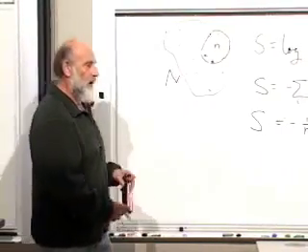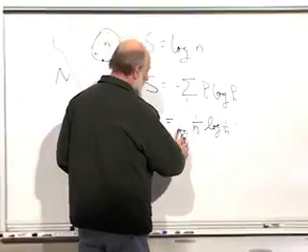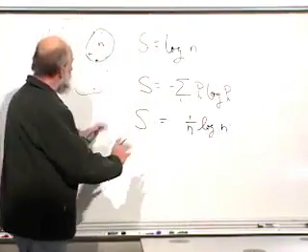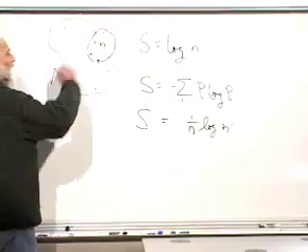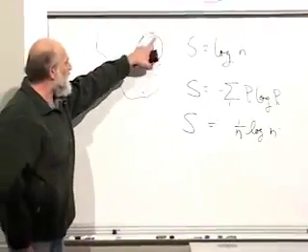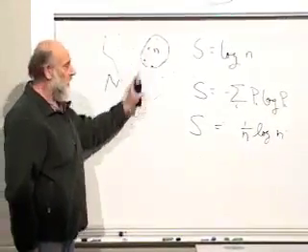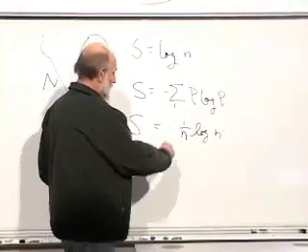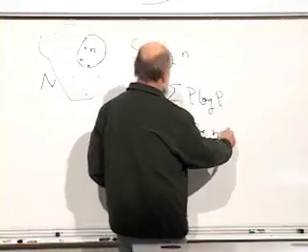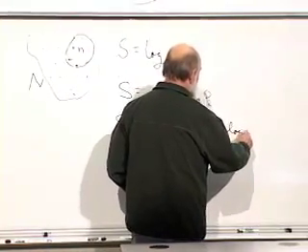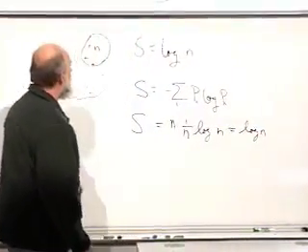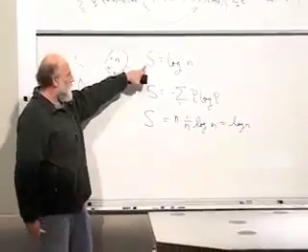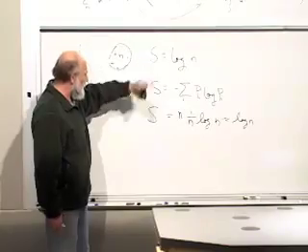It's minus the log of n, so we can get rid of the minus sign and make it just log of n. But this is just the contribution from one of the points. How many points are there in here? N. So we multiply by n, which is just equal to log n. So in the case where we have a probability distribution which is 0 or 1 over n, it reproduces the original definition, just the logarithm of n.